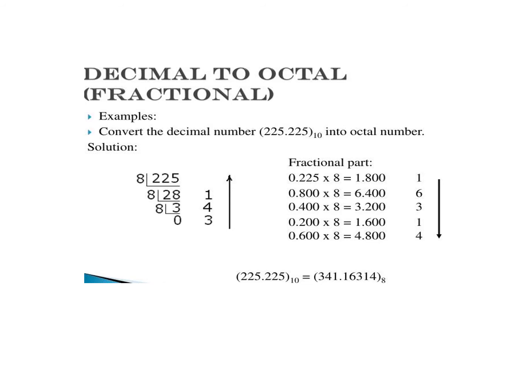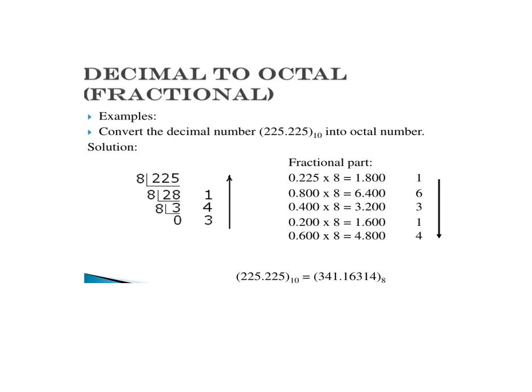Here we will divide the number 225 by 8 and we will find the number 341, which is an octal number. And for the fractional part, we will multiply the fractional part by 8, like in decimal to binary we multiply by 2, and here we will multiply by 8. Then the result after multiplying, we will again multiply the fractional part by 8, and the whole integral part is noted down on the right side.